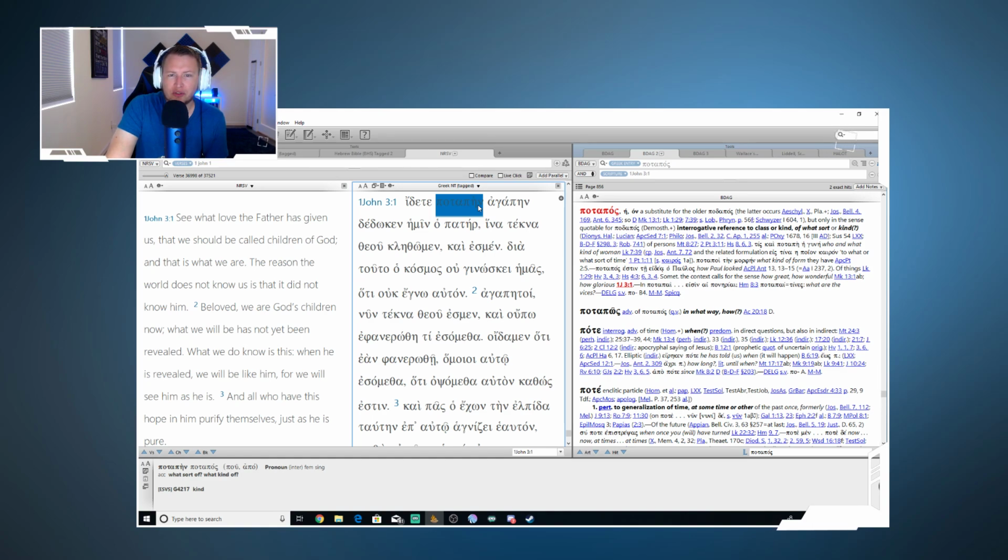So much like hos, this is a pronoun, but instead of it being a relative pronoun, it's an interrogative pronoun. And this is governing the rest of this clause. So the subject is you, the verb is idete, it's a command.